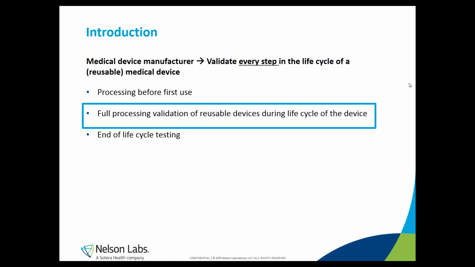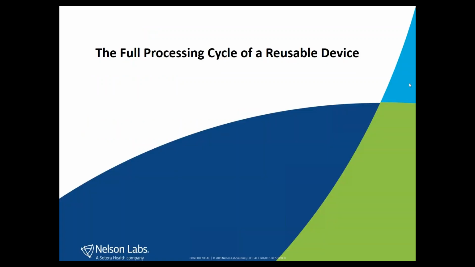This cycle includes all cleaning, disinfection, and sterilization procedures that have to be performed on the device. And finally, you are also responsible to determine the end of life of your device. In this webinar, we will focus on the full processing cycle of the reusable medical device.